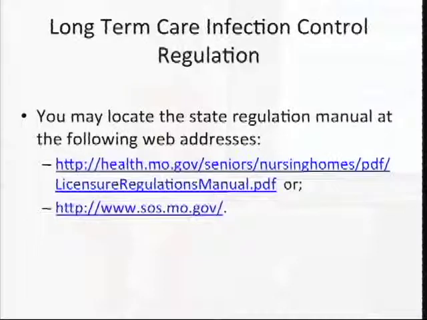I did put two separate websites here for you, and the first one is our Department of Health and Senior Services website. And we actually have the manual set up there in a form that we use in our office. It has a nice little effective date at the bottom of each page, showing when we last changed those regulations. If you go to the Secretary of State's website, the lower one here, it's all there and it's the most current.